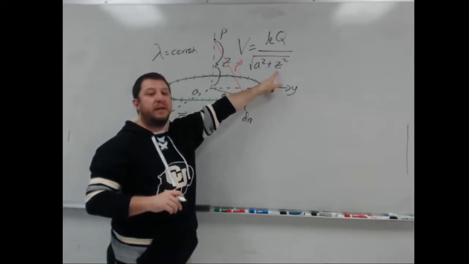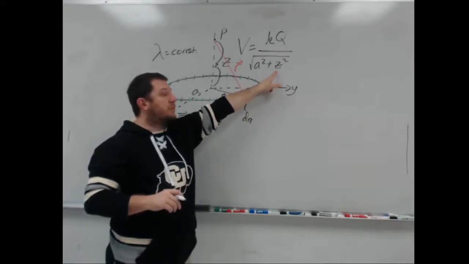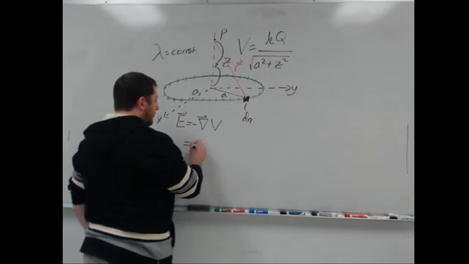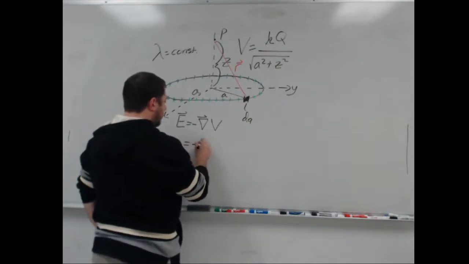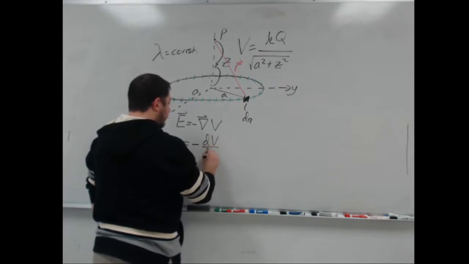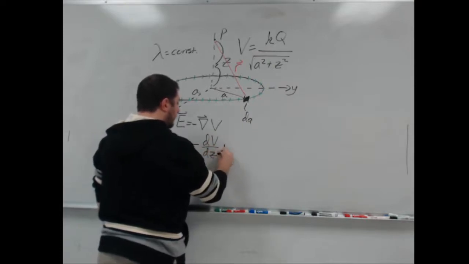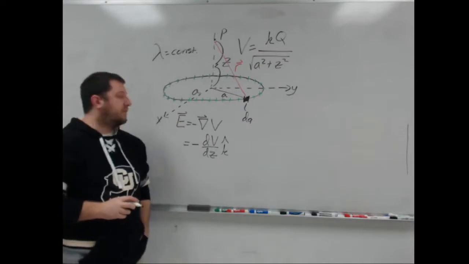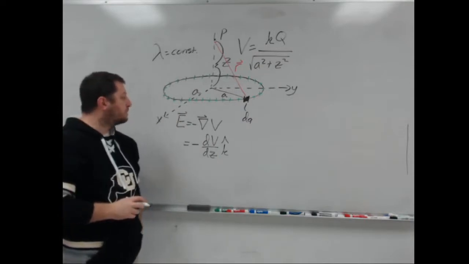This is the only direction variable that appears. So this is the only component that I have to calculate. So this is going to be negative dV/dz in the k-hat direction. Negative dV/dz in the k-hat direction.